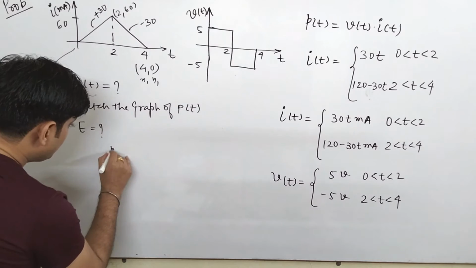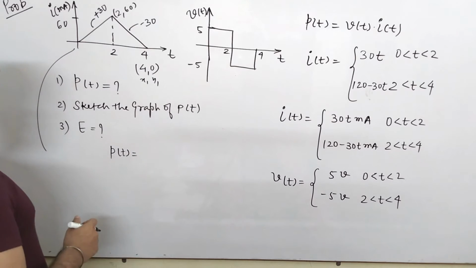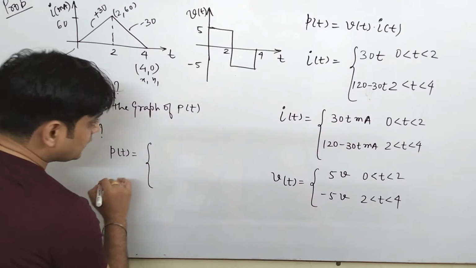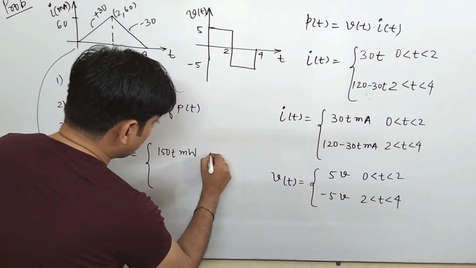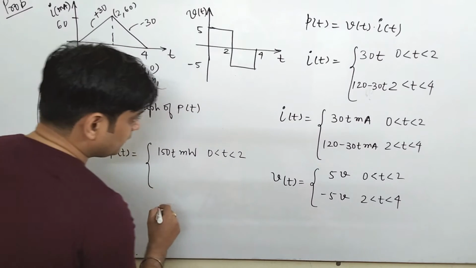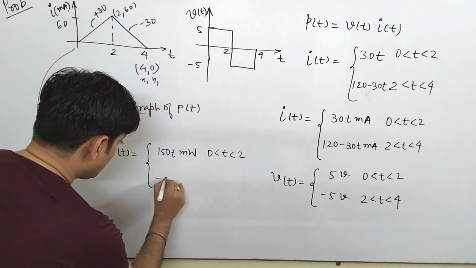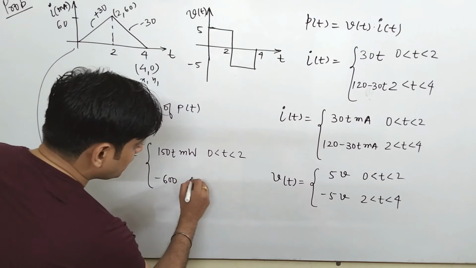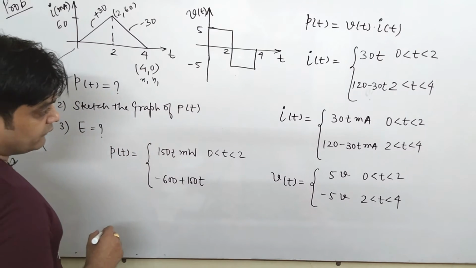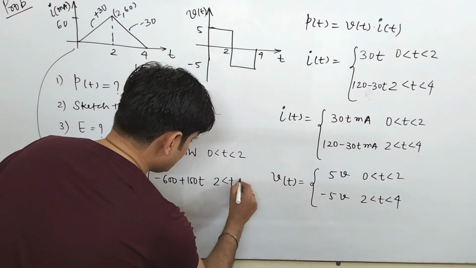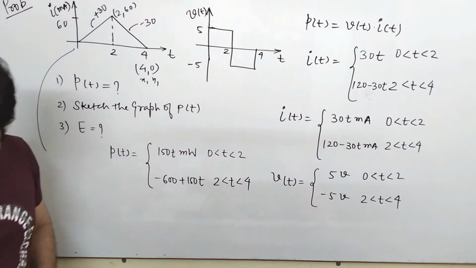So P(t) is equal to what? Simply you have to multiply. This comes to be 150t milliwatt for 0 < t < 2, very simple. And for 2 < t < 4, it comes to be minus 600 plus 150t milliwatt.